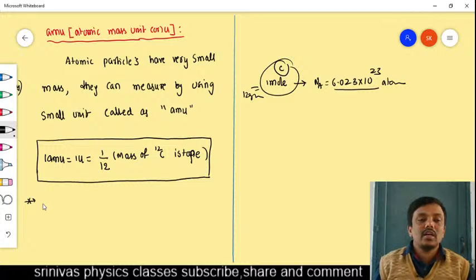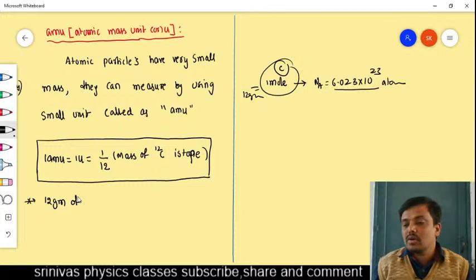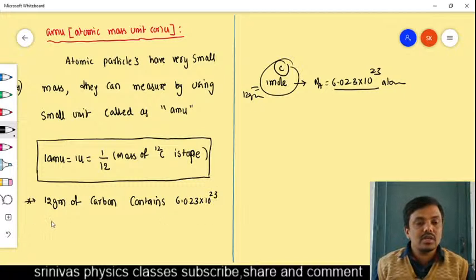So 12 gram of carbon contains Avogadro number of atoms, that is 6.023 into 10 to the power of 23 carbon atoms. Now let us see.